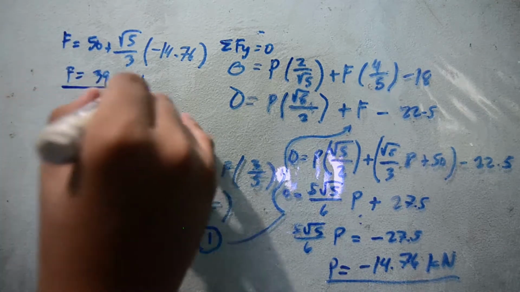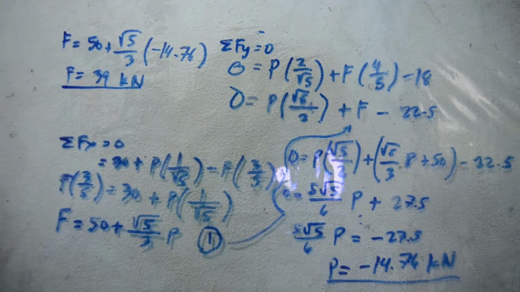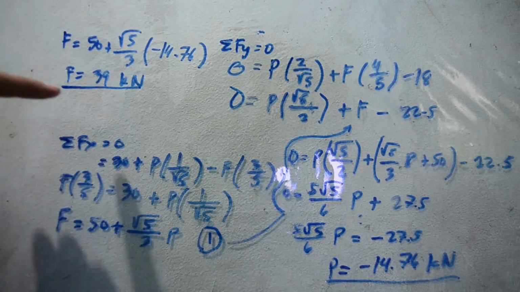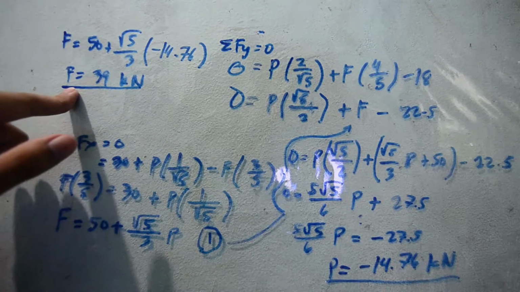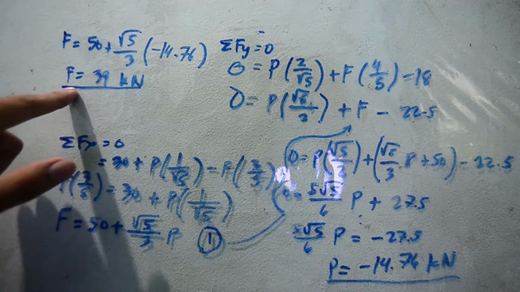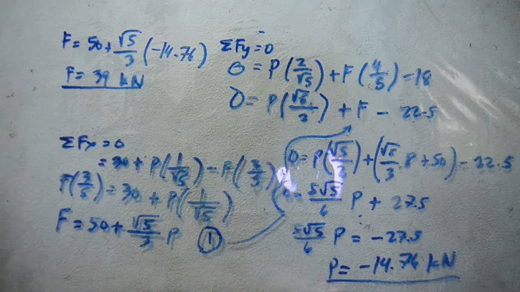Now here are our answers. The force acting upon the F would be 39 kilonewton. The force acting in the P is negative 14.76 kilonewton.